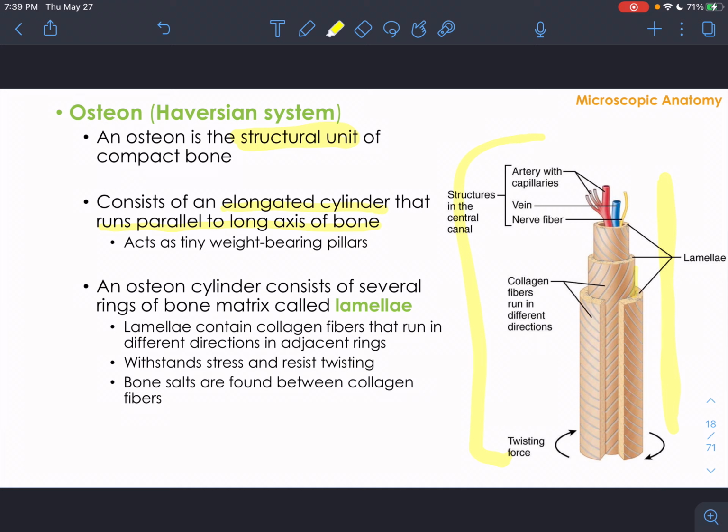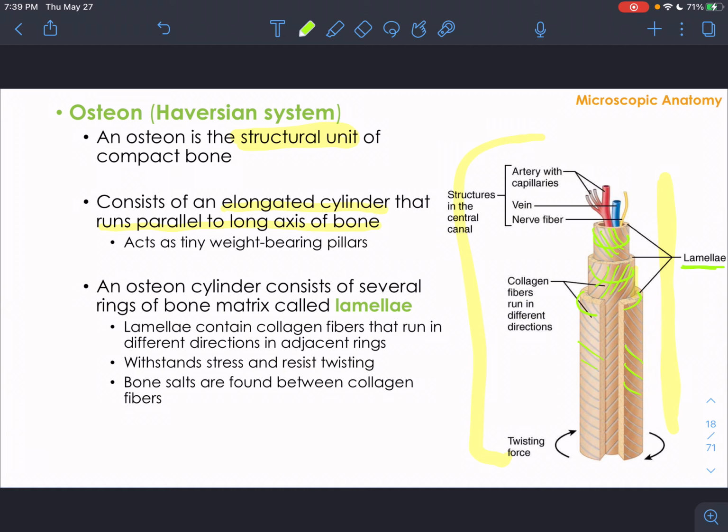The cylinder itself consists of several rings of the bone matrix that are called lamellae. You can see here the lamellae. Each one of these rings that goes around the osteon is a lamella. The lamellae have collagen fibers running in different directions to provide different types of strength. You can see the collagen fibers going all different ways to make sure that your bones are strong and resistant to stress, no matter what the direction.